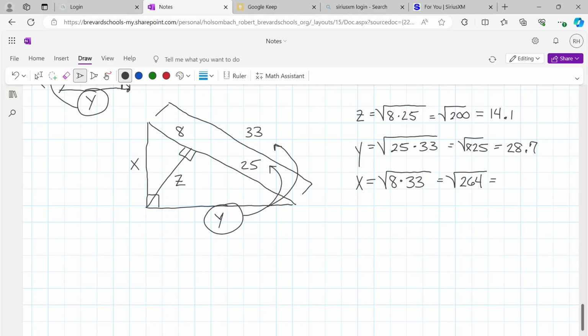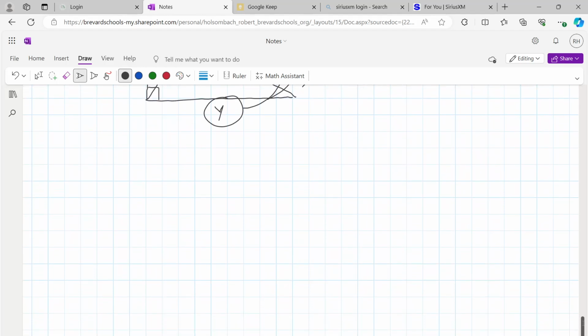And the square root of 264 is 16.2. Get the idea? Right? And let's look at the second guided practice there.